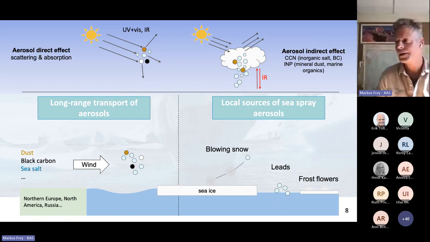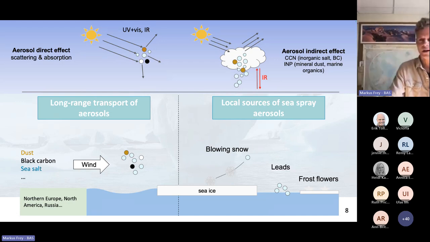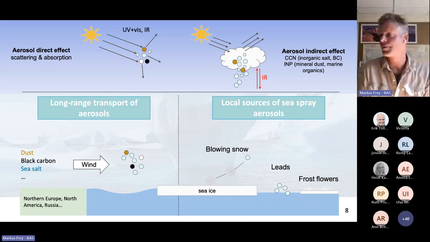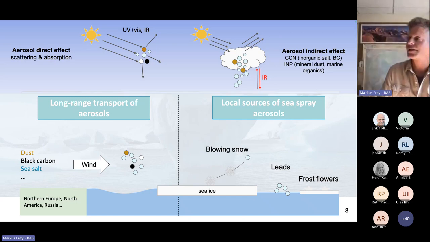There are particles called CCNs, cloud condensation nuclei, which form liquid water droplets. That's mostly inorganic salt and black carbon. And then others called INPs, or ice nucleating particles, which actually nucleate ice crystals, leading to ice cloud formation. And these are mostly mineral dust or marine organics.